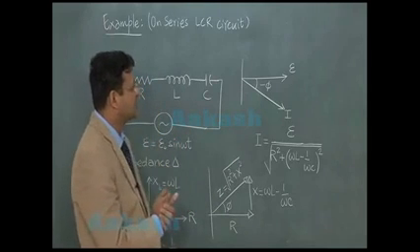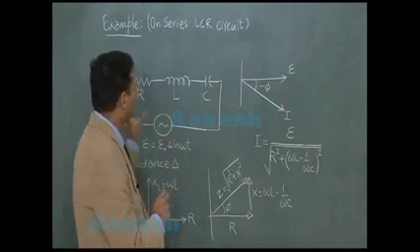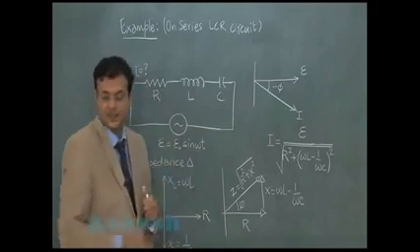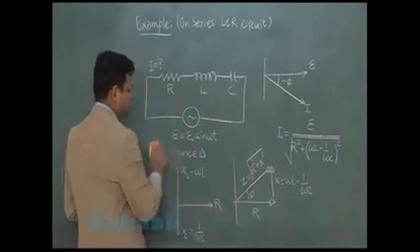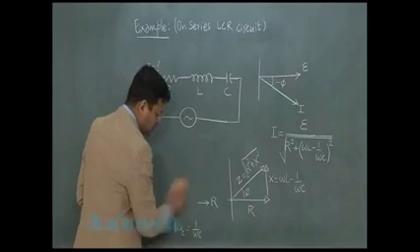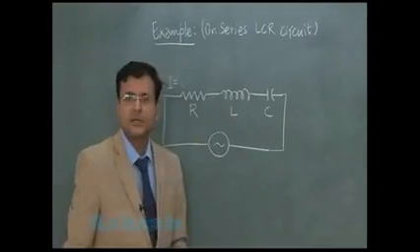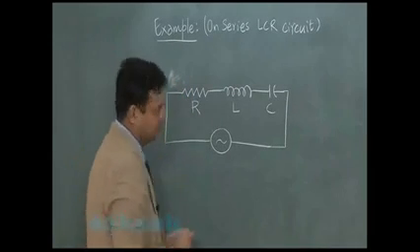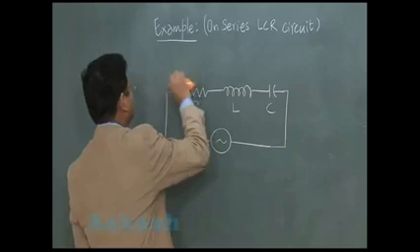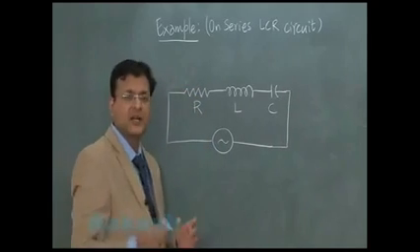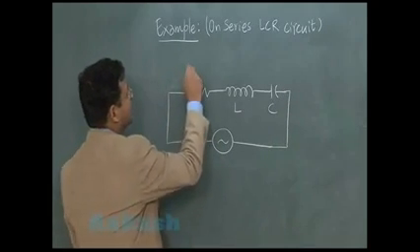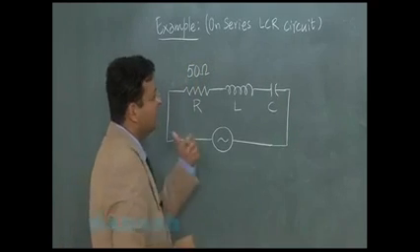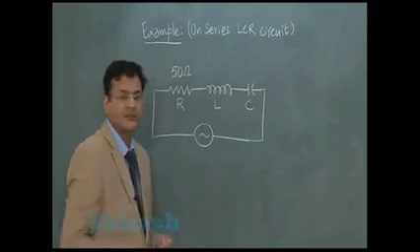You understand? Now, with this much formula in mind, let us have the numerical value put into this and try to solve this question in the same series circuit. Imagine that I am giving you the value of resistance as 40 ohm. In this inductor part, let us suppose the reactance directly has been given.